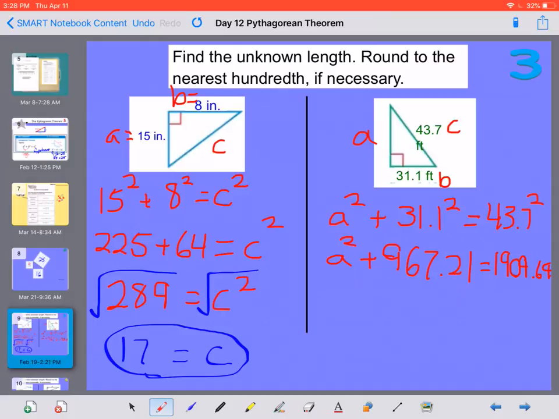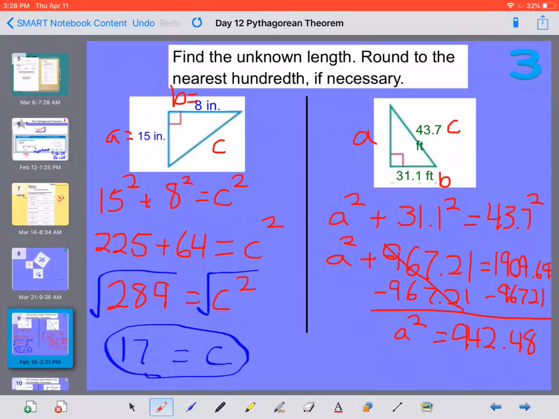Now we got to solve for a squared. So what we're going to do is get a squared by itself. So I'm going to subtract 967.21 from both sides. So we get a squared equals 942.48.